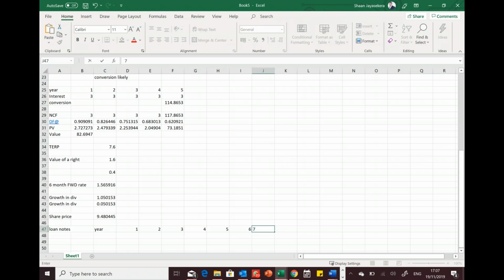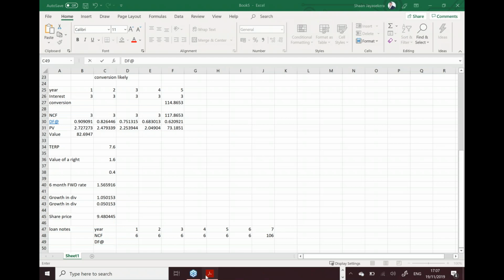I'll just take a net cash flow straight away. Here, every year you're paying 6, and here you're redeeming back at 106. Your discount factor, how much is the return investors are demanding on this?